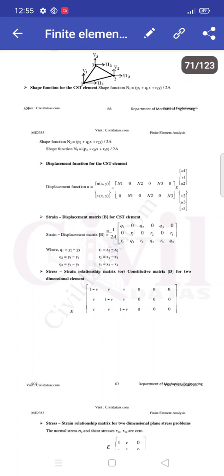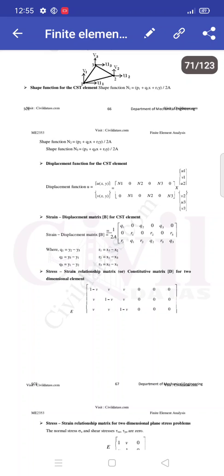Where q1 is equal to y2 minus y3, q2 is equal to y3 minus y1, q3 is equal to y1 minus y2, then r1 is equal to x3 minus x2, r2 is equal to x1 minus x3, and r3 is equal to x2 minus x1.